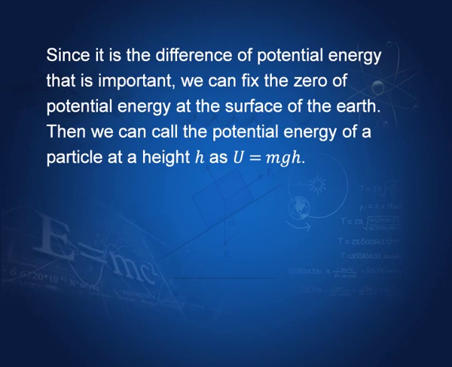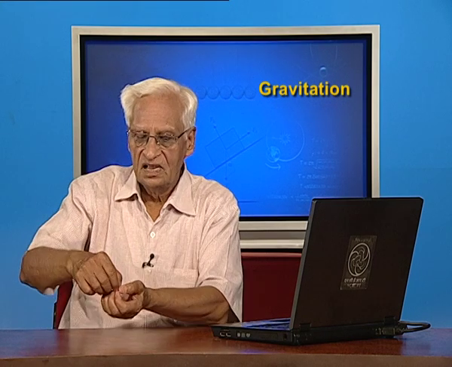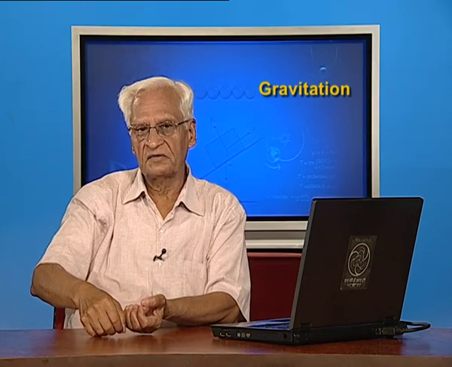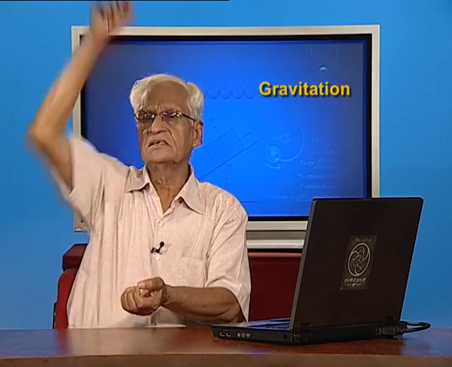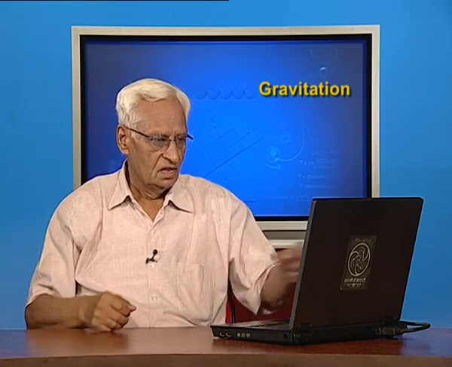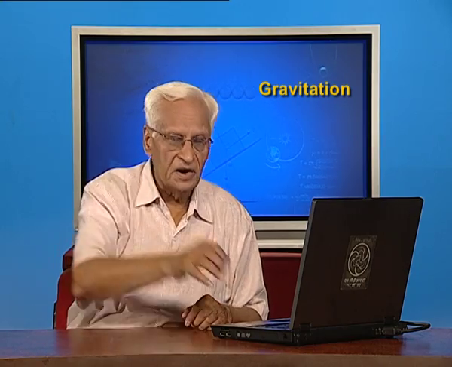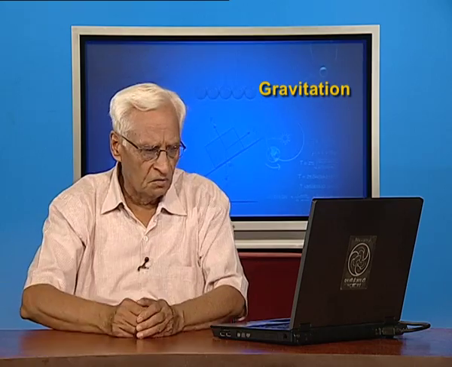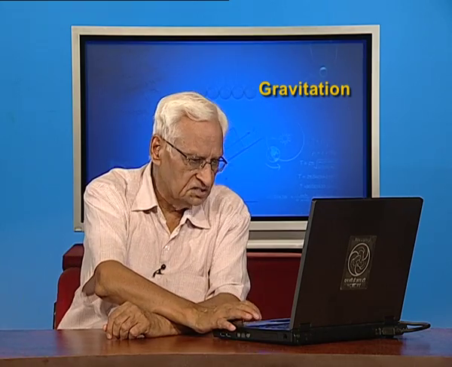Then we can call the potential energy of a particle at a height h as U equal to m g h. That is, if I take a particle to a height h from the surface of the earth, then it gains in energy, which is m g h. When the particle falls back, it gives up its potential energy in the form of kinetic or other energies.